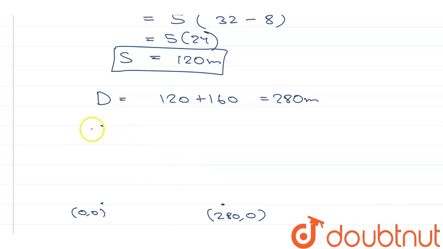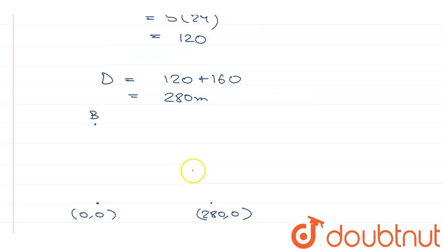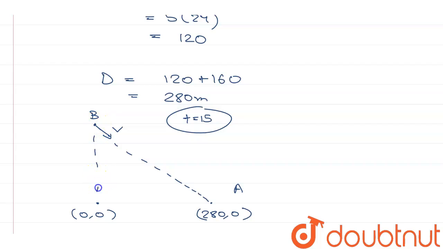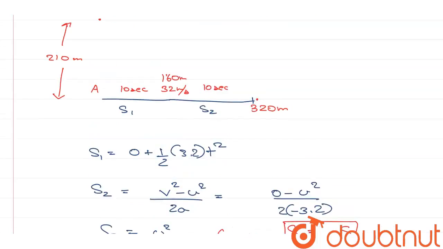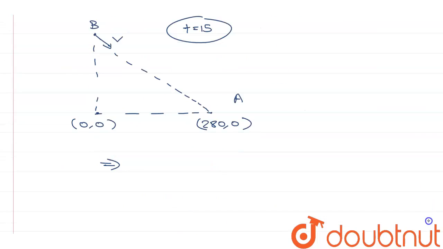Now, what that means is, in the time t is equal to 15 seconds, let's say B was given a velocity along the line that is connecting the location of B and the final location of A. So let's say it was given this velocity and time is 15 seconds. So in 15 seconds, it has to travel this distance AB. The initial distance of B was 210.